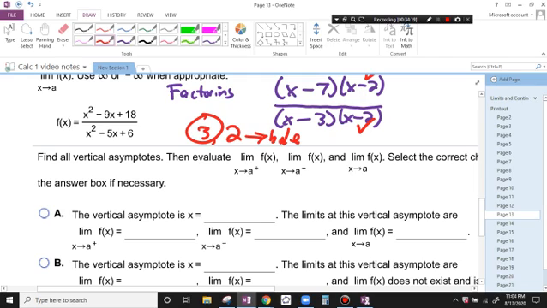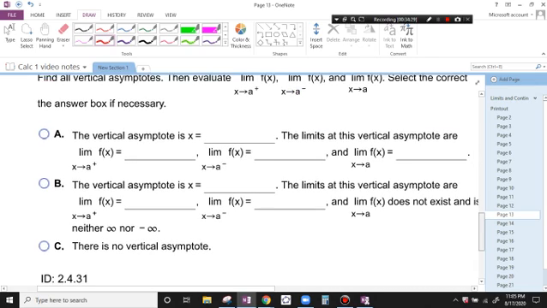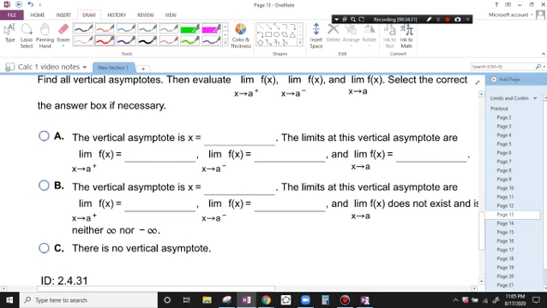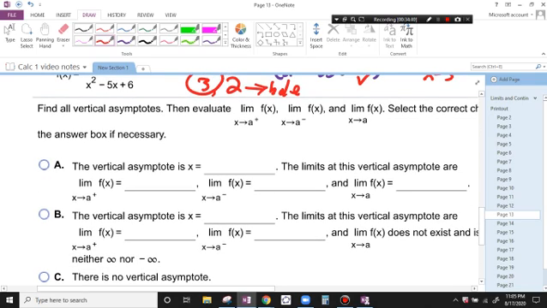And so when we cancel, we get something like x minus 7 over x minus 3, and now we can check this. The vertical asymptote is x equals, let's see how they want us to answer. So it's x equals 3.